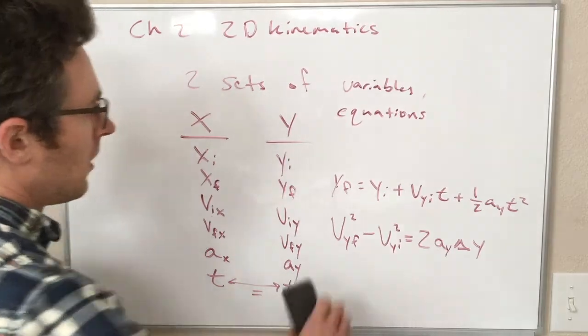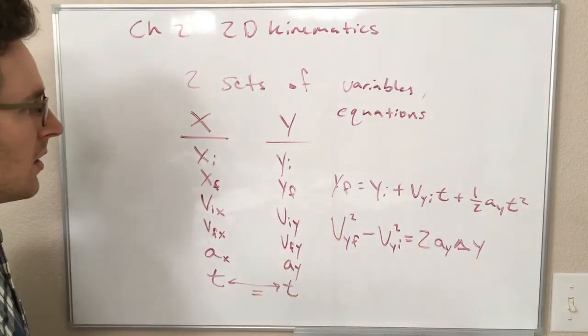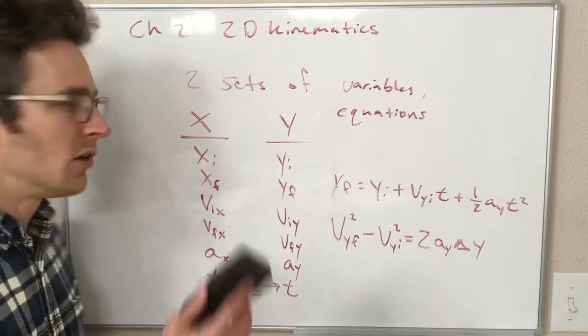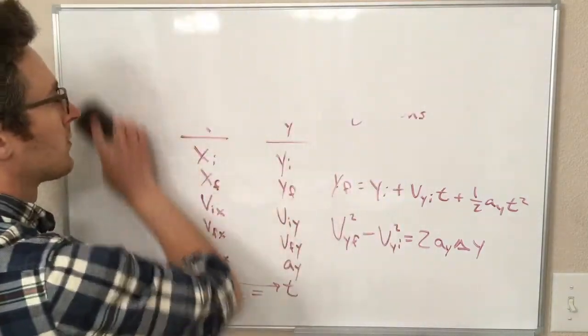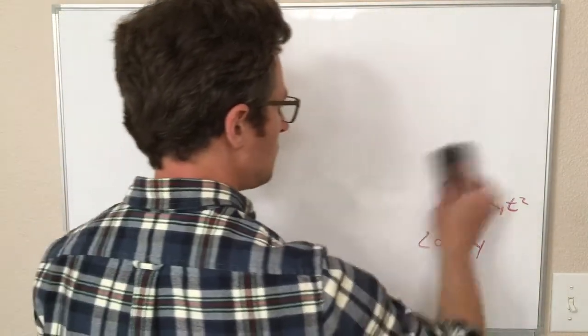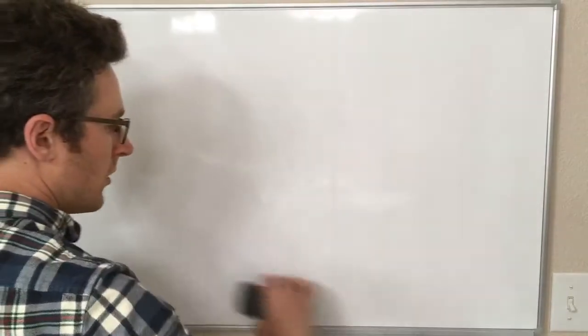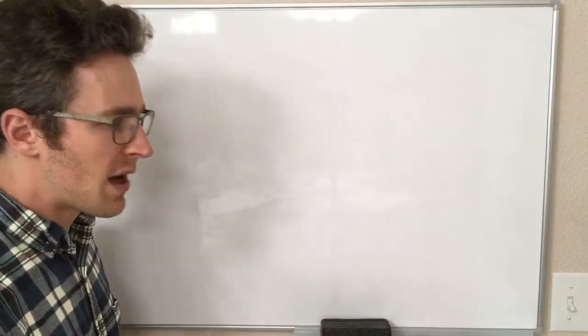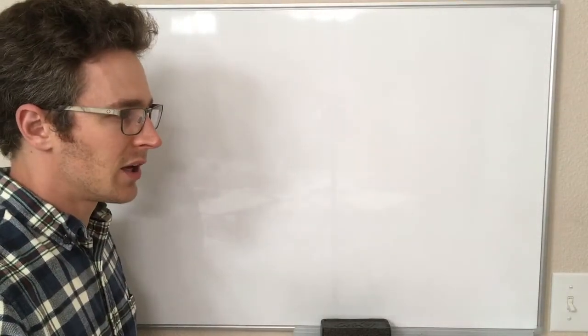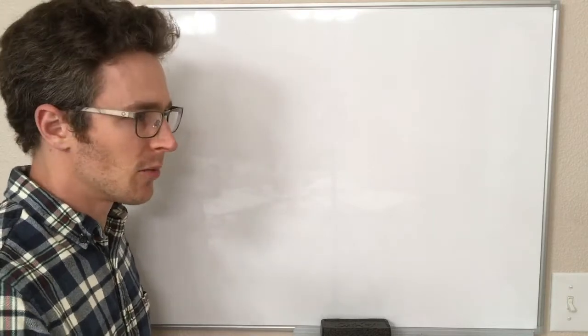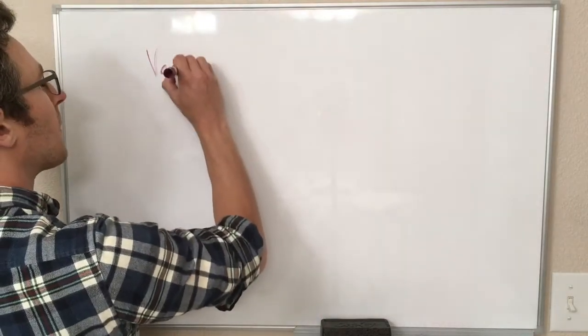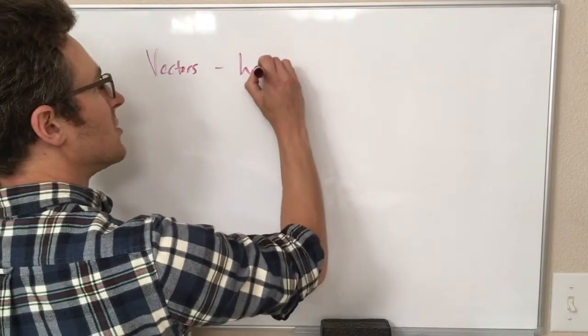All right. So before we start using these equations, I want to talk about vectors. So vectors are mathematical quantities that have a magnitude just like numbers do, but they also have a direction.